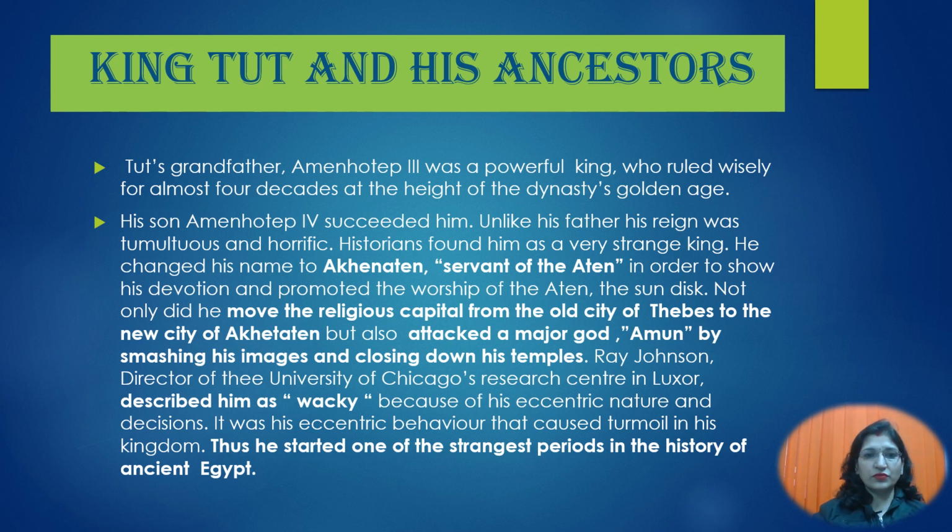Ray Johnson, director of the University of Chicago's Research Center, described him as wacky because of his eccentric nature and decisions. It was his eccentric behavior that caused turmoil in his kingdom. Thus, Amenhotep IV started one of the strangest periods in the history of ancient Egypt.